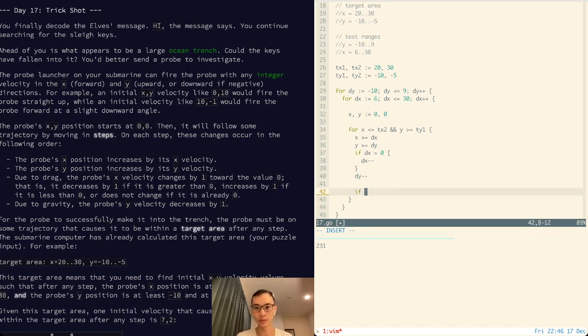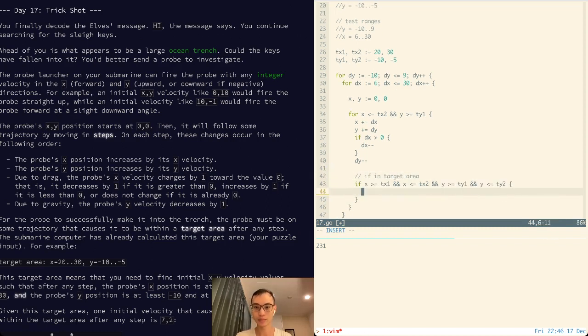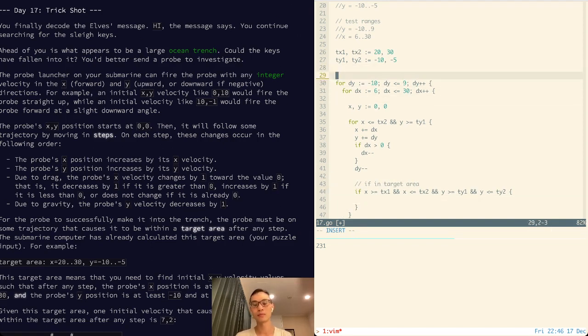If x is greater than or equal to tx1 and x is less than or equal to tx2 and y is greater than or equal to ty1 and y is less than or equal to ty2, so if in target area, what do? We will record successes.